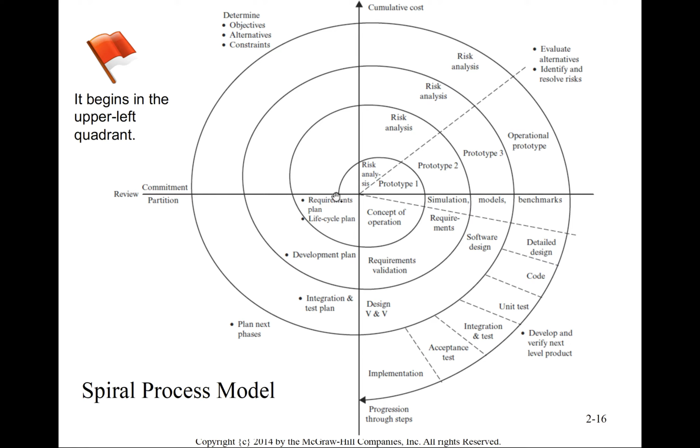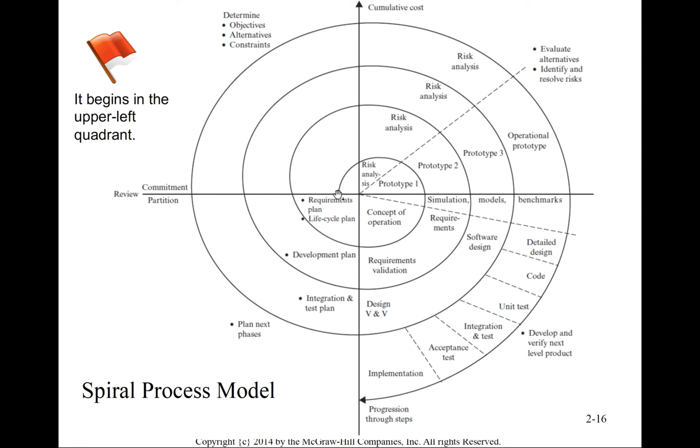Because one of the drawback of waterfall process is that users have to wait months or even years before they can see something working. So we cannot collect feedback. So the spiral model try to incorporate prototyping into its process.